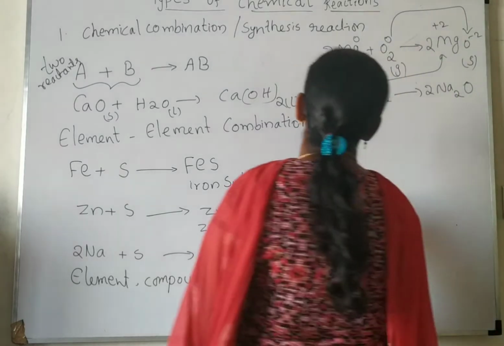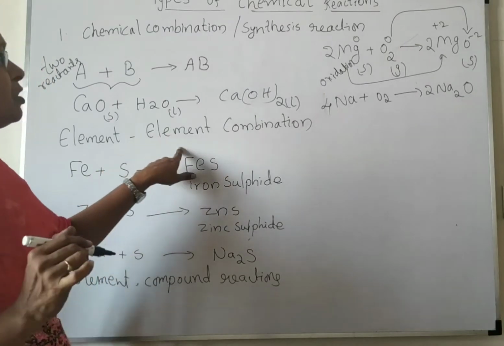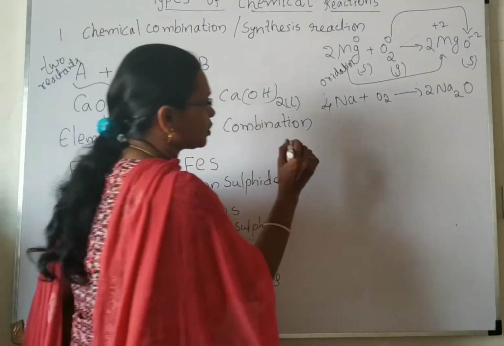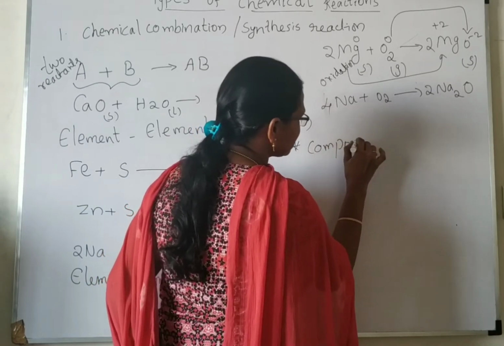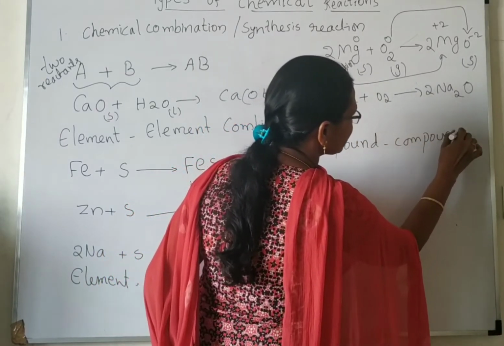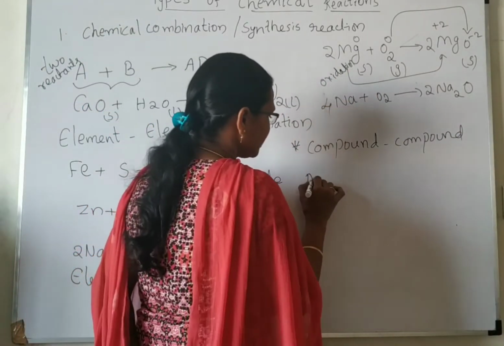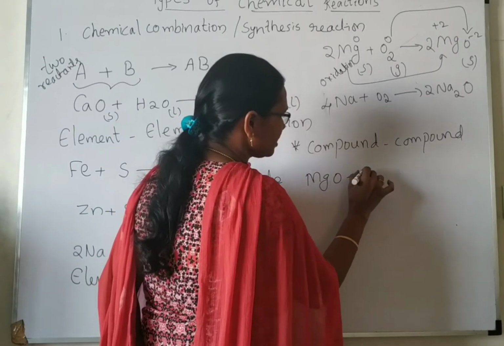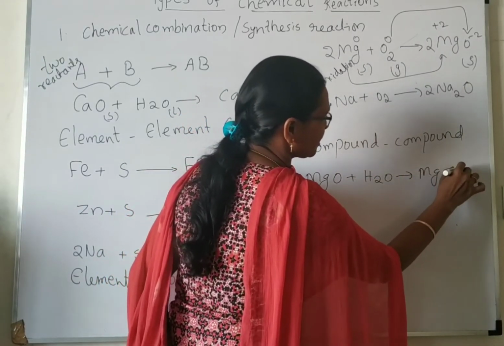This is one thing. The other one: we have taken element and element, now next, compound combinations. One compound is reacting with another compound. For example, MgO, magnesium oxide, plus water, forming magnesium hydroxide.